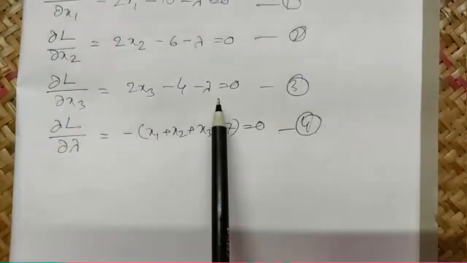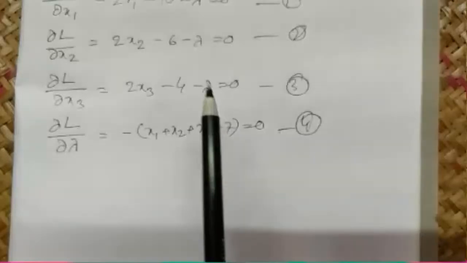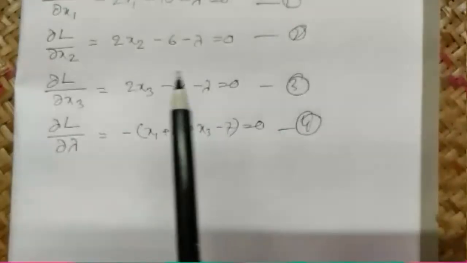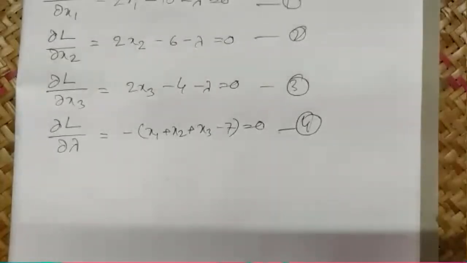Then put all these values in the equality constraint, x1 plus x2 plus x3 equal to 7. Then you will get the value of lambda and put it in these 3 equations to get x1, x2 and x3. You are expert enough, you are in 4th year, you know how to solve equations. I think you can get it, so you will do it.